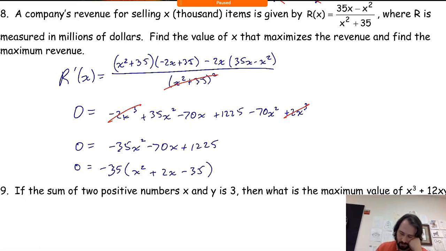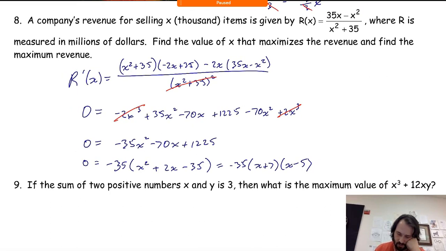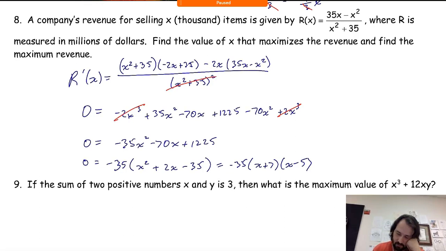Let's see, things that multiply to be 35 are 5 and 7. So this must be negative 35 times x plus 7 and x minus 5. I'm probably not going to take the negative value, it must be the 5, because I can't sell negative items. So x equals 5.